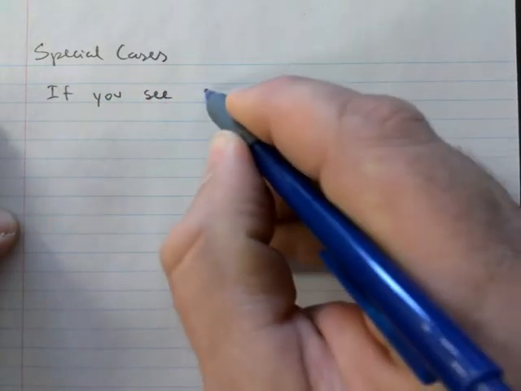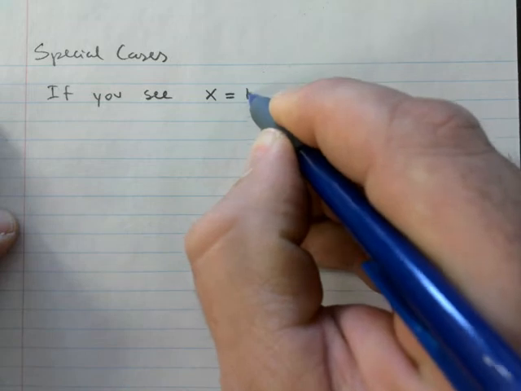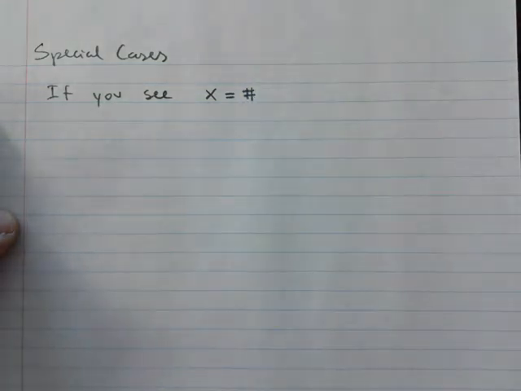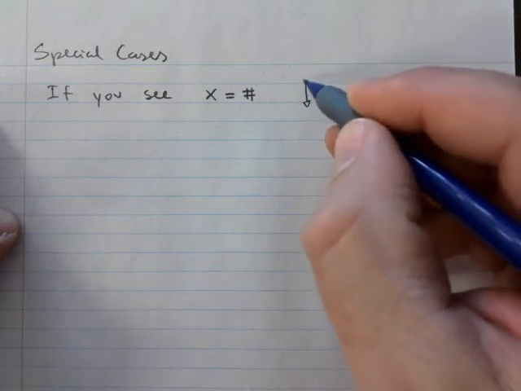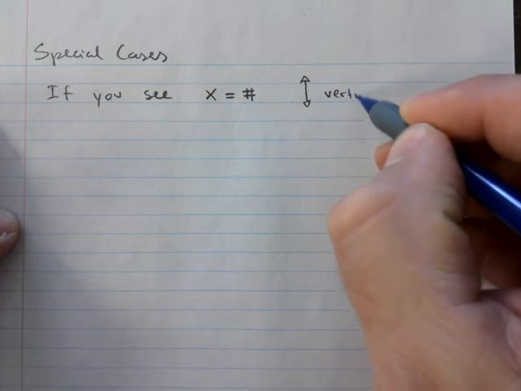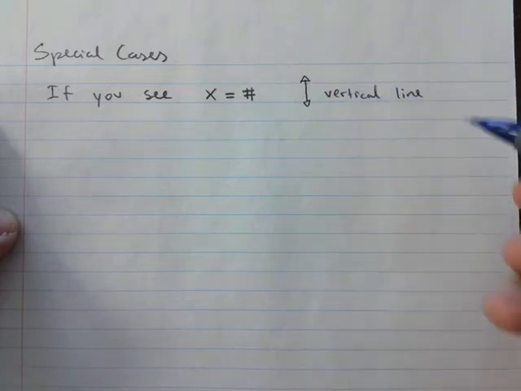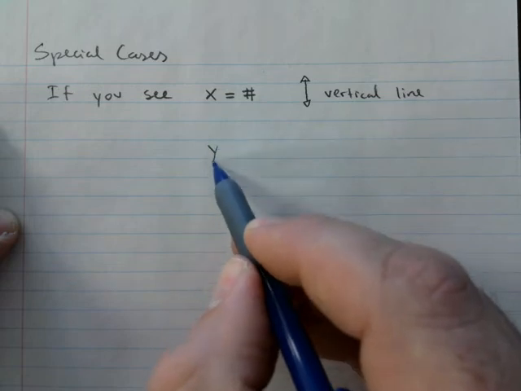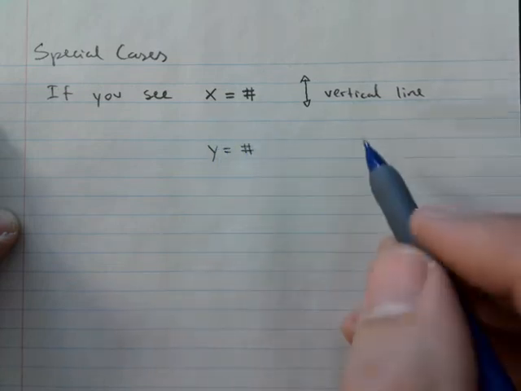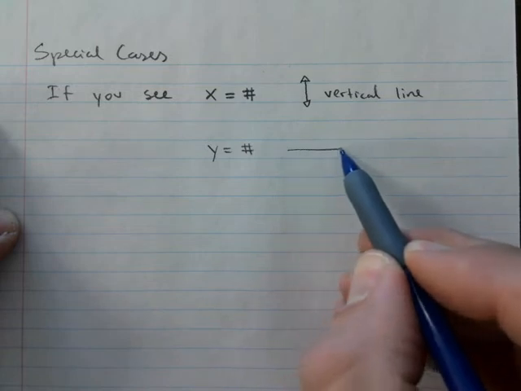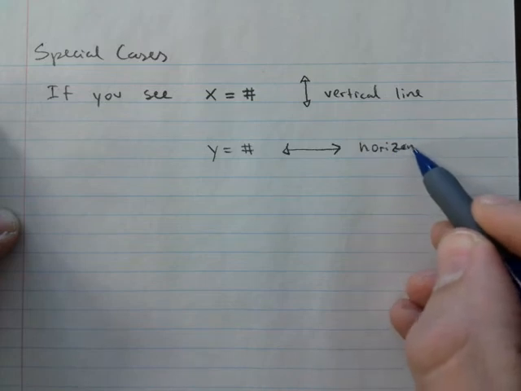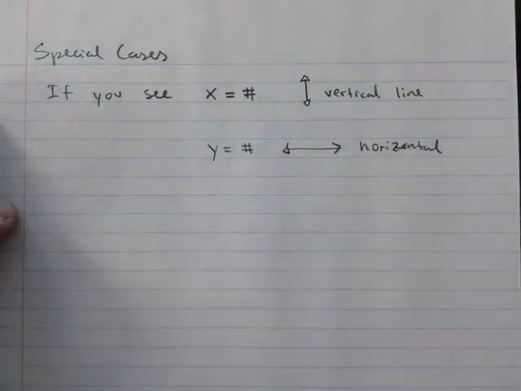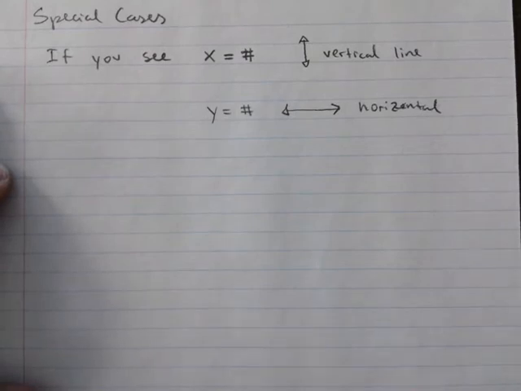If you see x is equal to a number, then you have a vertical line. If you see y is equal to a number, what kind of line will that be? It's going to be a horizontal line. Sometimes it won't be visible, you won't get it right away. You'll have to do some isolating.